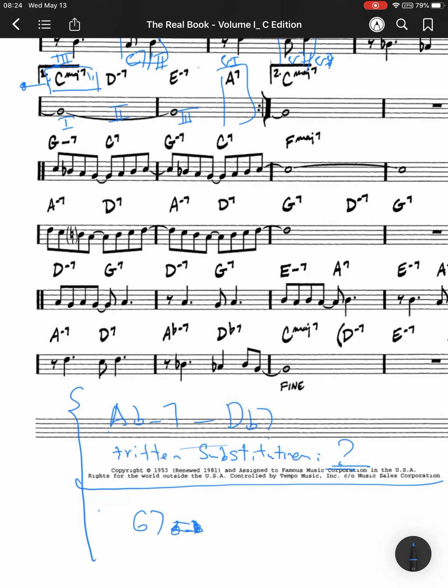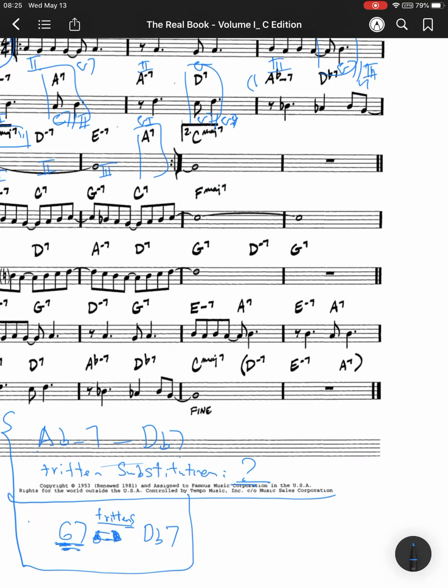If we have G7, for a tritone substitution we should use the tritone of G, that means D flat, and D flat 7. That means we can substitute between these two tritones whenever we want in jazz.